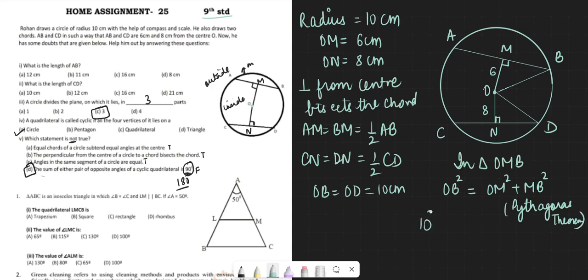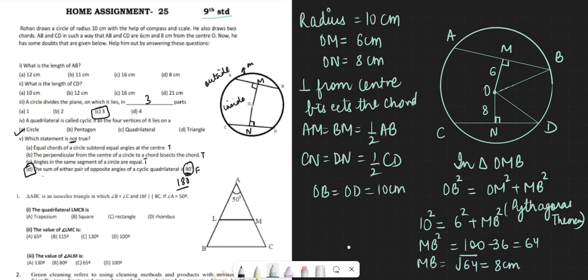OB we know is 10 square, OM is 6 square, and MB we need to find out. So MB square is equal to 100 minus 36, which is 64. So MB will be equal to the square root of 64. We'll take only the positive square root as we're talking of length, which is 8 centimeter. So from here we get AB, which is twice of MB, which will be 2 into 8, that is 16 centimeter. So for the first part, length of AB, my answer would be 16 centimeter.